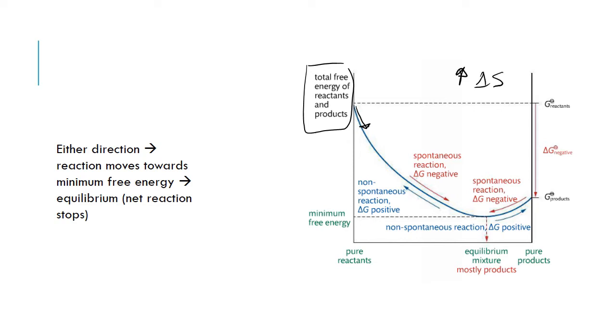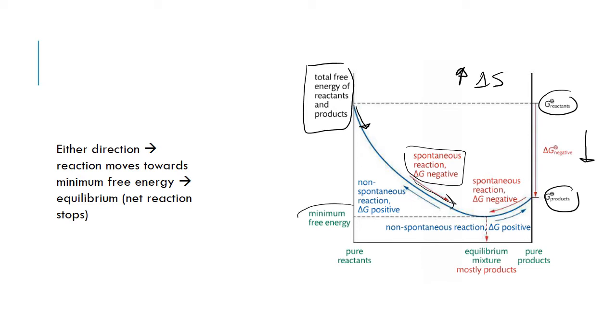Now, in either direction, the reaction moves towards the minimum free energy, and therefore the equilibrium. At equilibrium, the net reaction stops. So here we have our reactants, we have our products. Our delta G is negative, which means there was available energy to do work. As we go forward, the spontaneous reaction allows it to move forward, right?